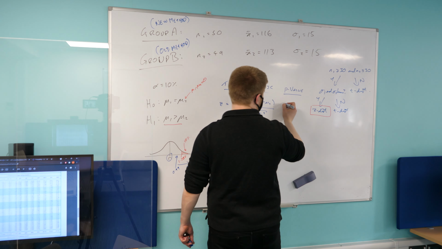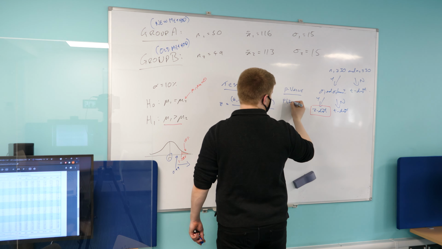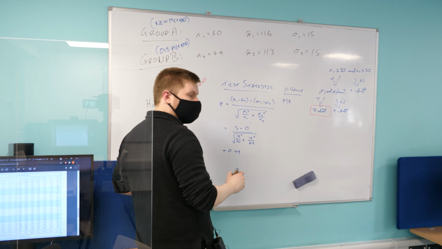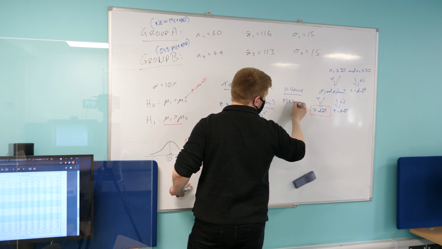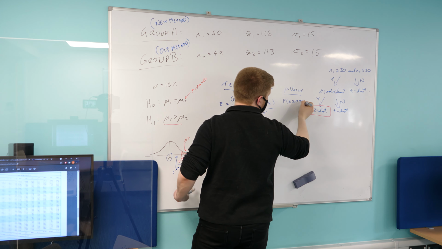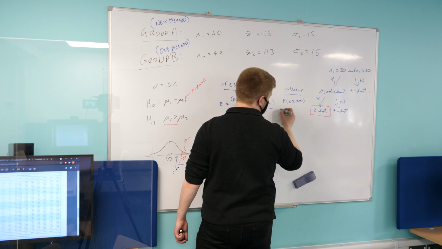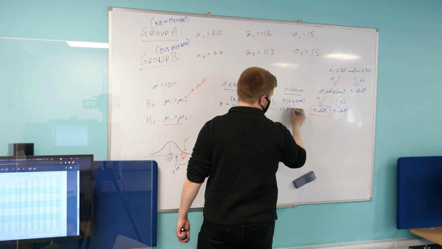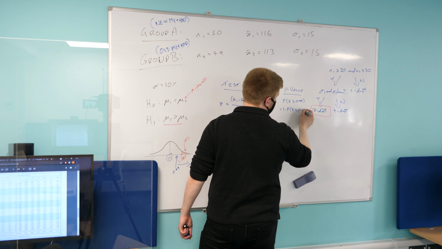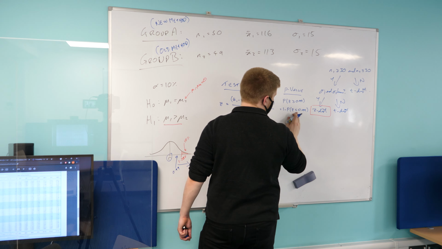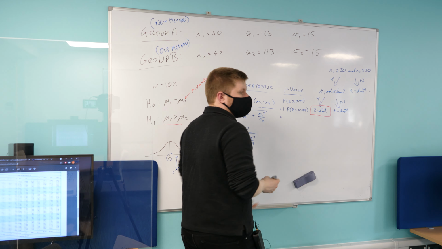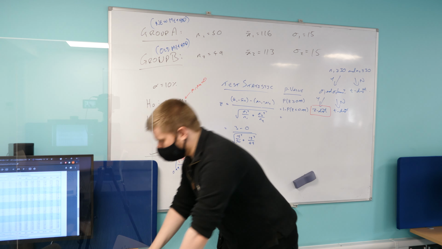So we're literally going to ask the question, what is the probability that z is greater than or equal to 0.99? Clearly we can't find that directly, so we're going to have to do a 1 minus. So it's going to be 1 minus the probability that z is less than 0.99. We can jump over to our tables to do that.